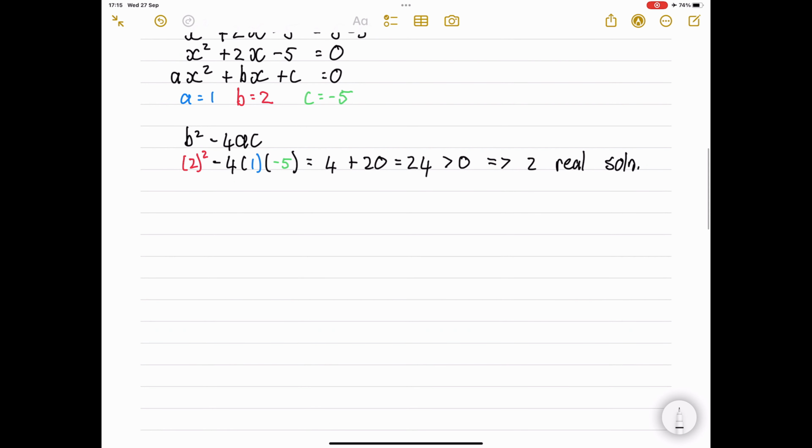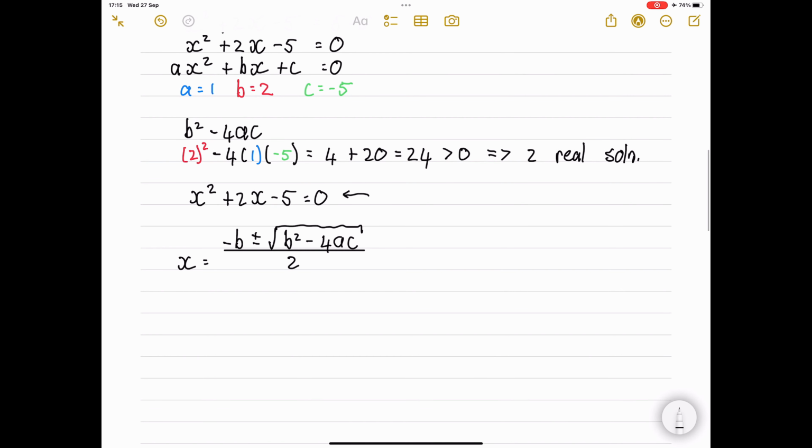Now, I would go back and write the equation again. Now you want to check and see if you can factorize this. If you can't factorize it, then you should use the quadratic formula to get your two values for x. So I'm going to write down the quadratic formula. There you have your quadratic formula, and now you can substitute all of your values in as follows.